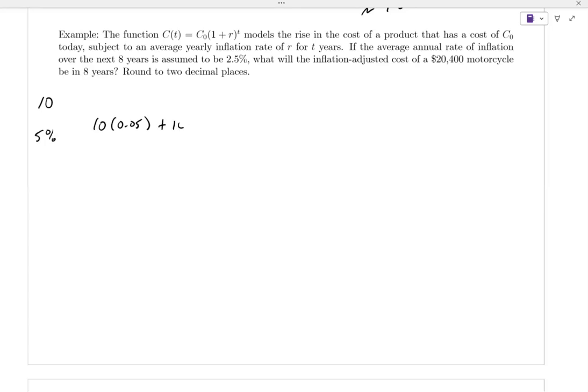And then add on the original cost, because that first part is just how much did it raise, right? And notice in that case, you could factor a 10 off of both of them and write it in that form, correct? Because there's a common factor of 10 in both of them. I know I flip-flopped the numbers in the middle, right? So notice that this was the initial cost here, and this was your inflation rate, and that's what fits those little pieces up there, doesn't it?